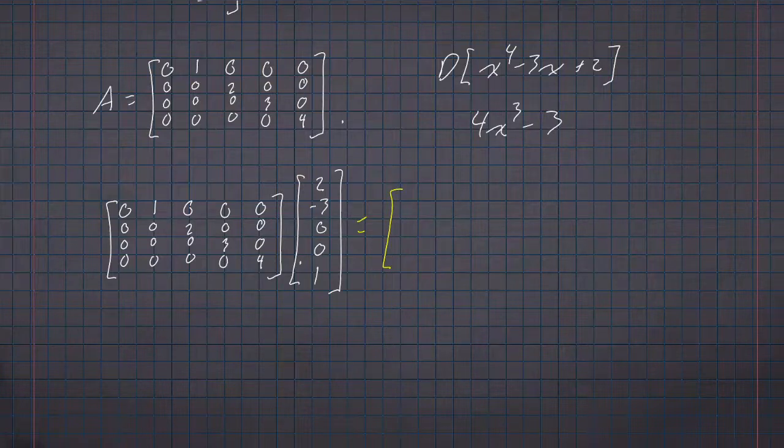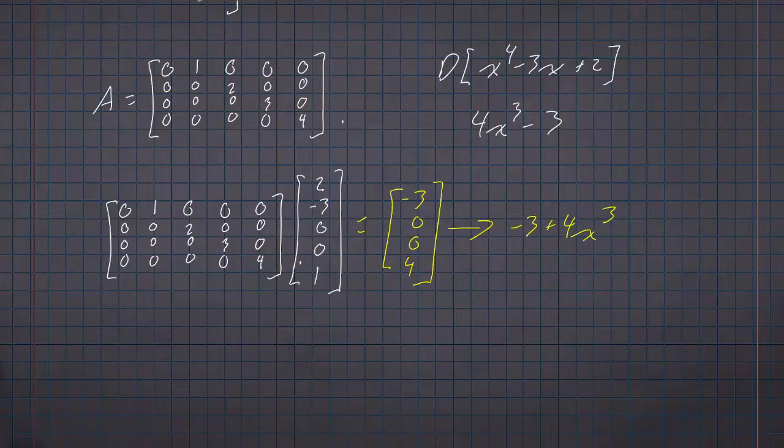First row times that column is going to give me -3. Second row times that column is going to give me 0 and 0 and 4. And if you take this column vector and translate it into a polynomial, you get -3 plus 4x cubed.